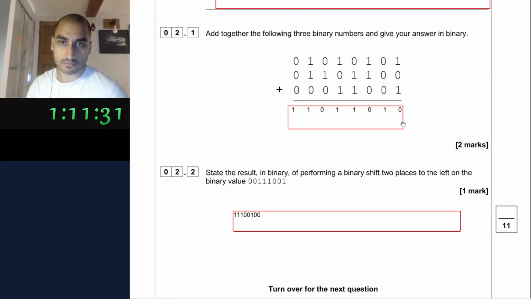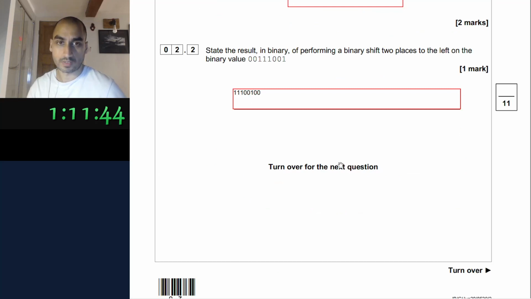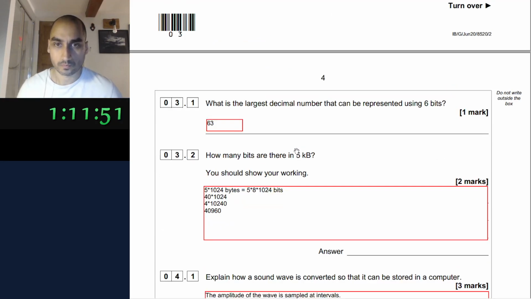Add together this. So yeah, 0, 1, 0, 1, 0, 1.